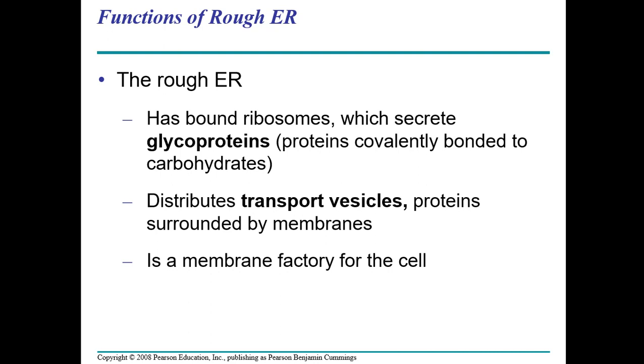Pag sinabing covalence, di ba, sa physics, if you're going to talk about covalence, is the connection of two or more atoms. Combination of atoms, hindi siya transfer, it's the sharing of electrons in an atom. Di ba, covalence. So, pag-aralan nyo siya, maganda siya sa physics.